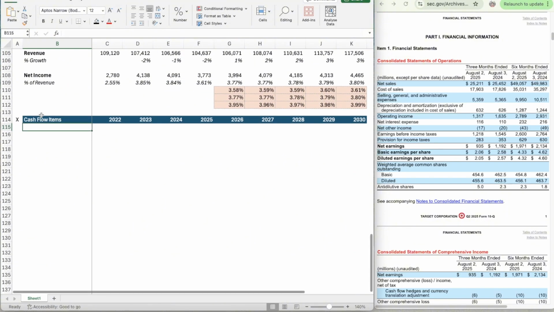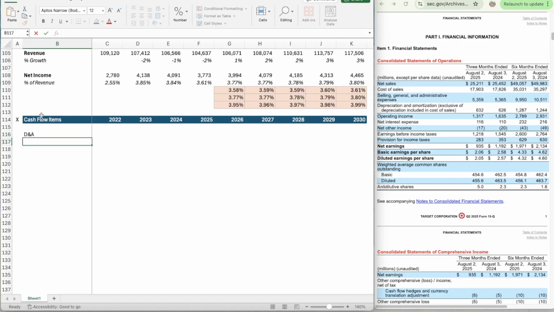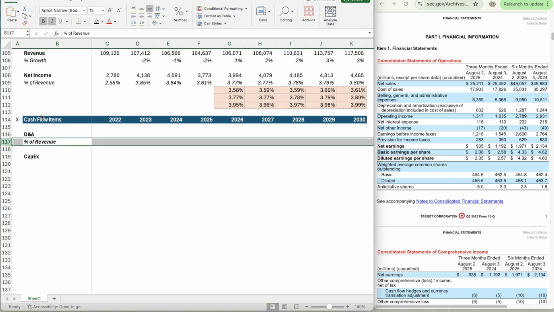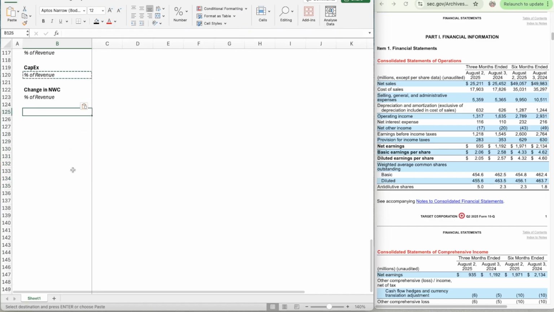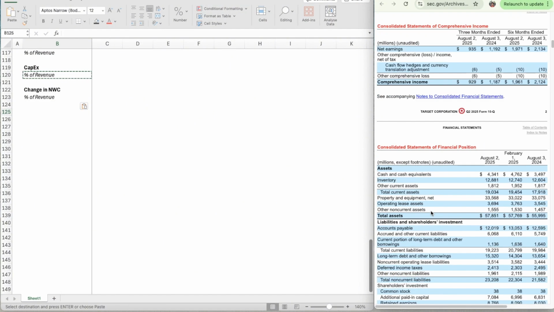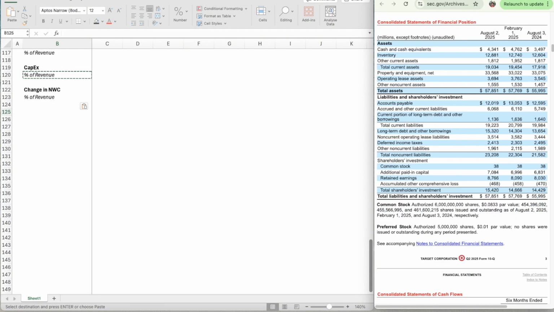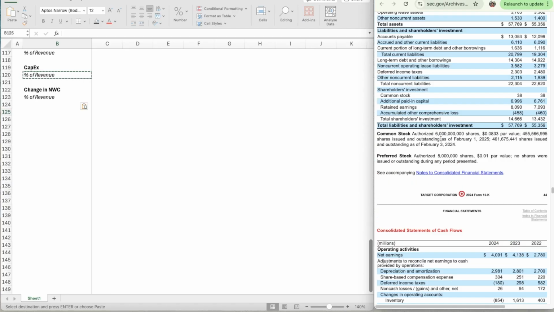Now onto the cash flow items. And these, I mean, the usuals will be in there. Depreciation and amortization. CapEx. So we need an extra here. We want percentage of revenue. Change in net, this is change in net working capital. And the next two, I'll show you, it's on the cash flow statement.